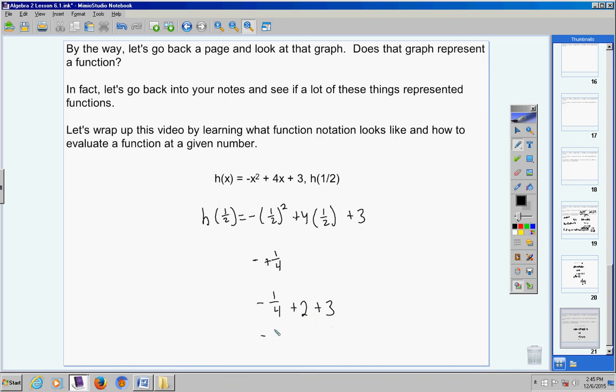Now if you combine this, you'll get negative 1/4, and then a positive 5. And then 5 minus a fourth would be 4 and 3/4. Okay? So you would say h of 1/2 equals 4 and 3/4. Or you could say h evaluated at 1/2 equals 4 and 3/4.